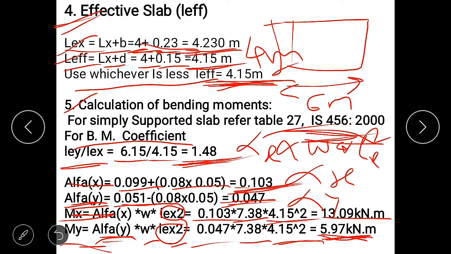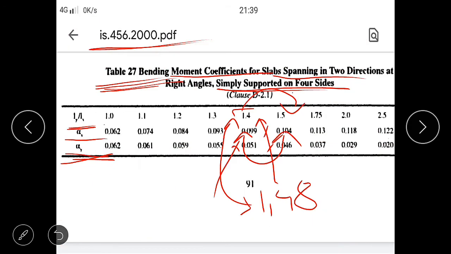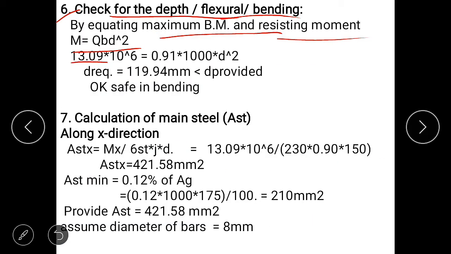Whichever is greater, 13.09 is larger, so we take 13.09. Maximum BM is 13.09 into 10 to the power 6. In the second step we calculated the moment resisting factor Q as 0.91. The width we calculated per meter, so we consider B as 1 meter, meaning 1000 mm. So we find the depth. D required is 119.94.